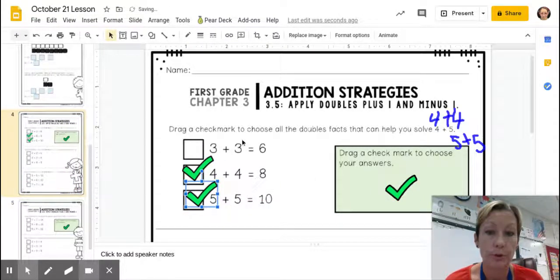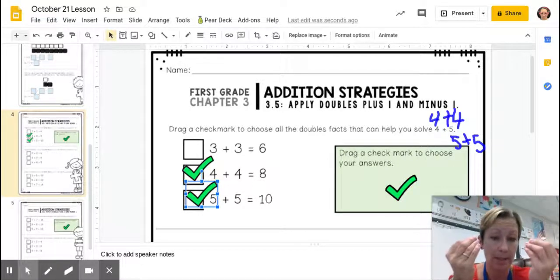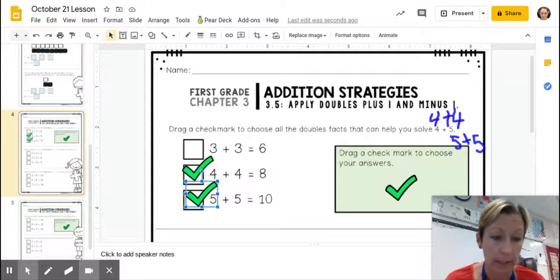Can you use 3 plus 3? No, that's not going to help you in any way. Whenever you have a question like this, just look at those 2 addends, and your answers are going to be the double of the first addend or the double of the second addend. Okay?